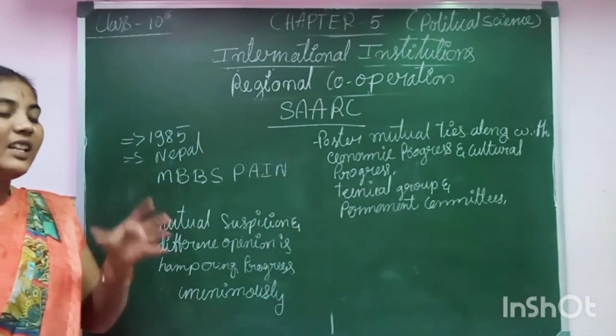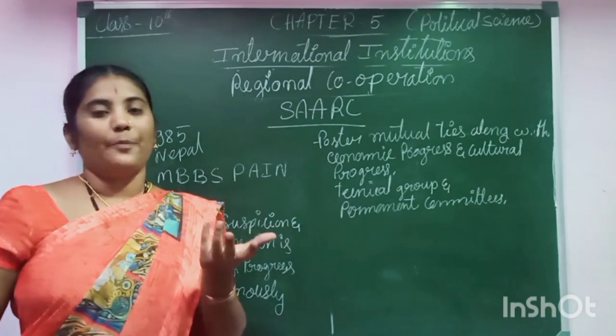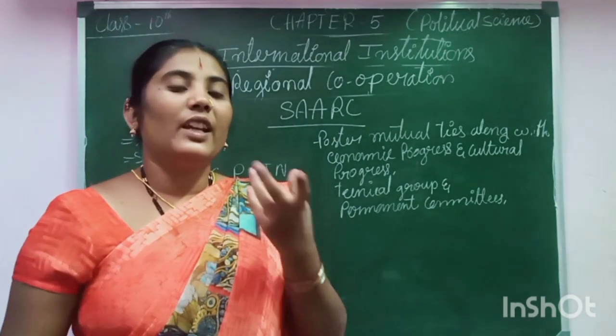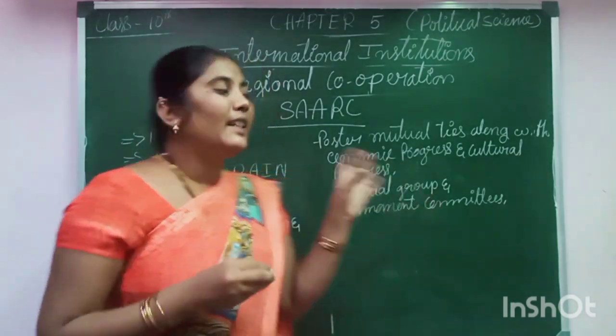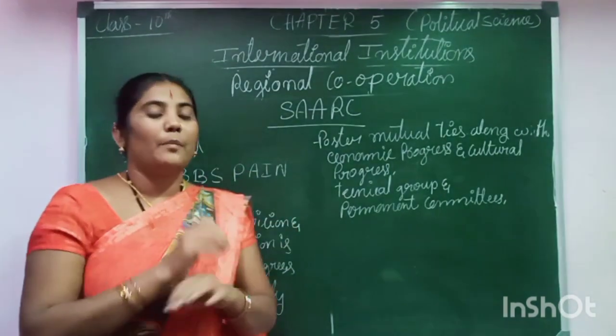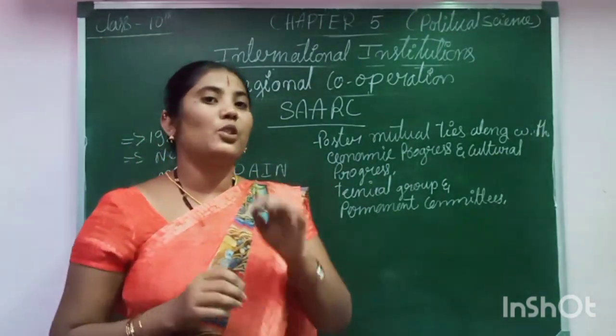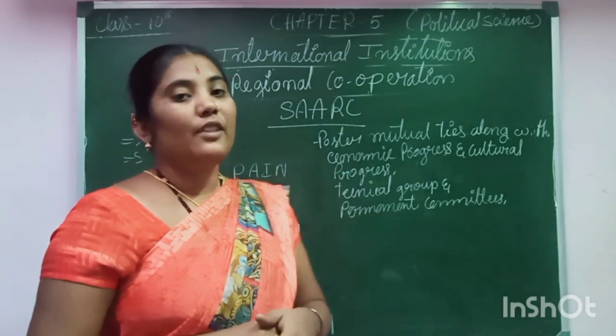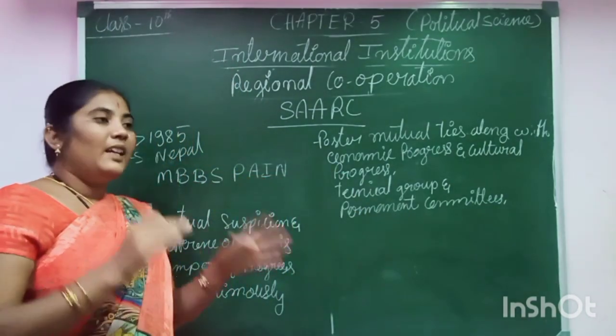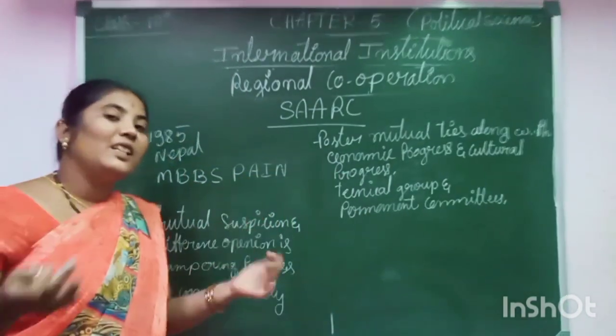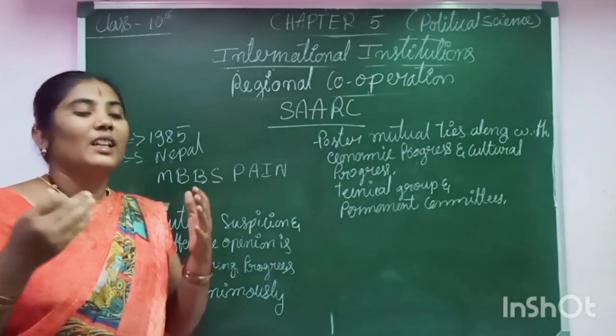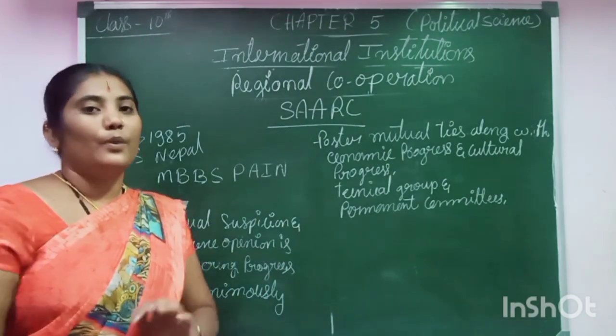Unanimously means that to take any decision, all these 8 countries should give their positive opinion on the matter. But there are always differences in opinion, so progress is hampered.